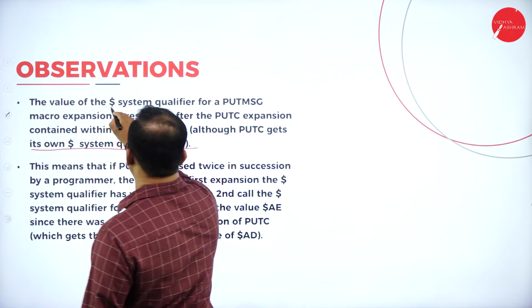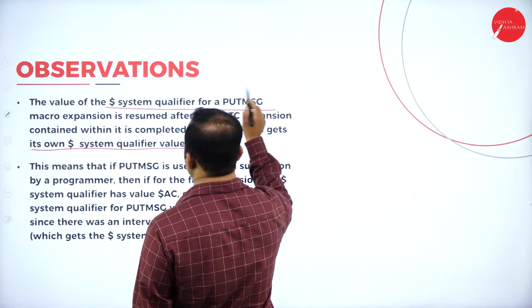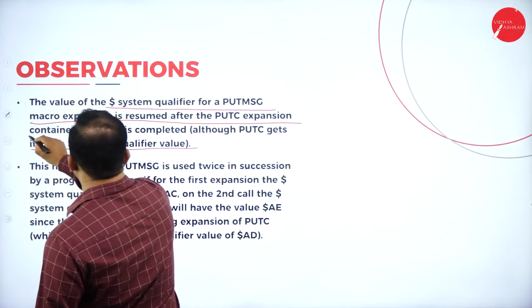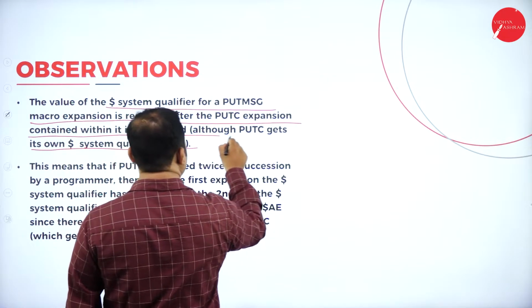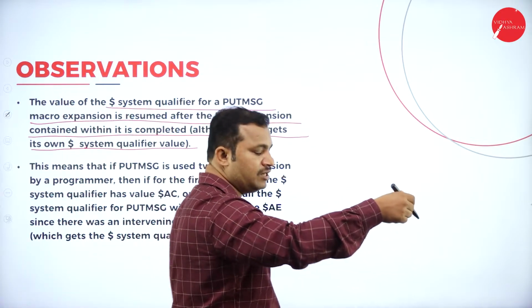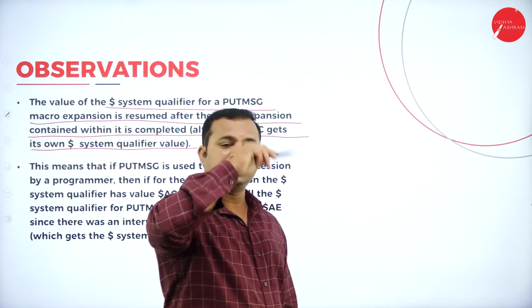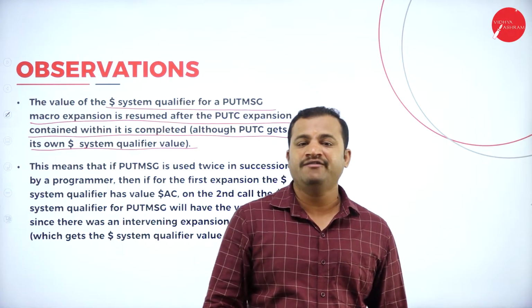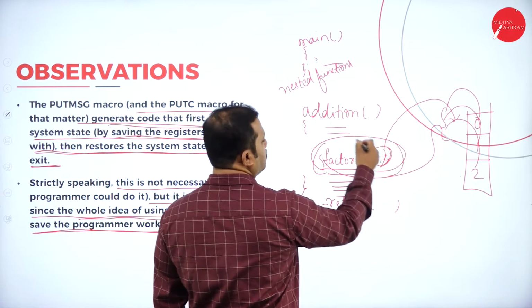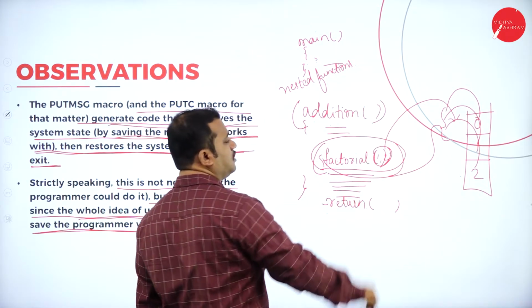So the value of the $symbol qualifier for a PUTC message macro expansion is resumed after the PUTC expansion contained within it is completed. That is, one function definition defined inside another function definition. We have the function call defined inside another function definition.